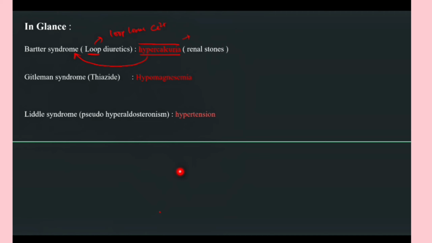In Gitelman syndrome, we know Mg is for magnesium. So hypomagnesemia is the characteristic feature in Gitelman syndrome. Very slight hypomagnesemia can be seen in Bartter syndrome also, but hypomagnesemia is more associated with Gitelman syndrome.